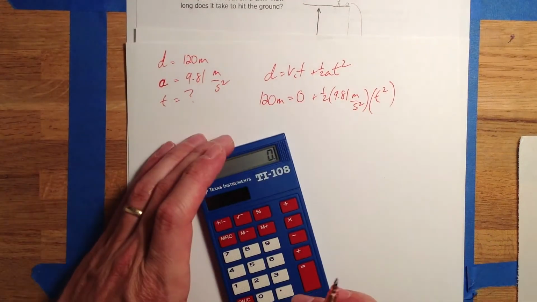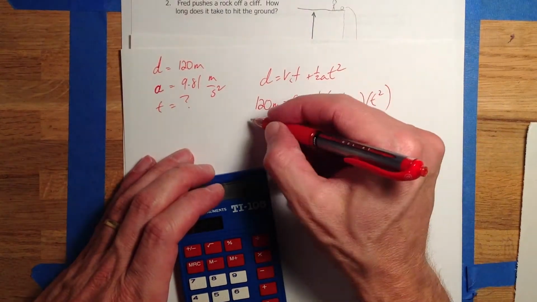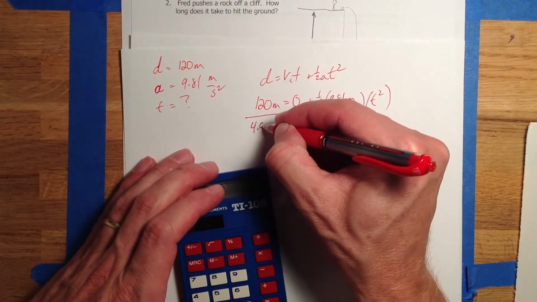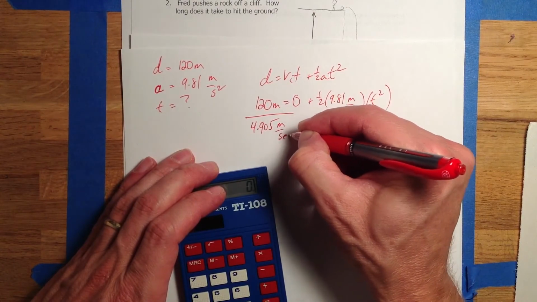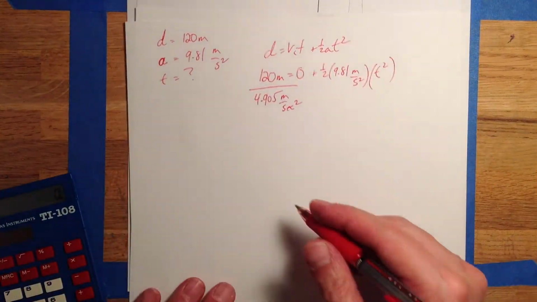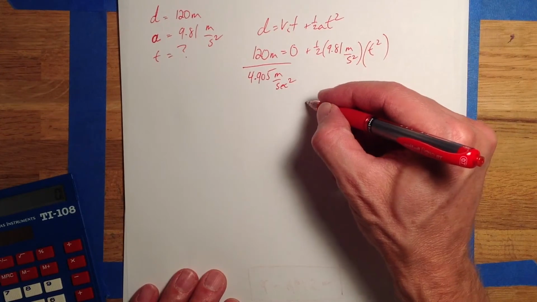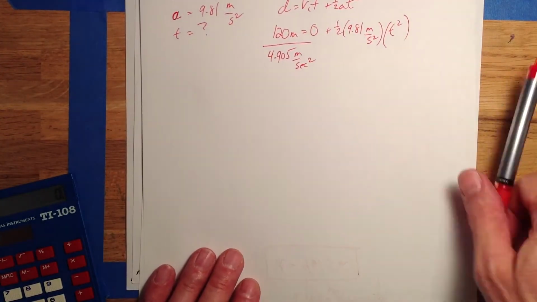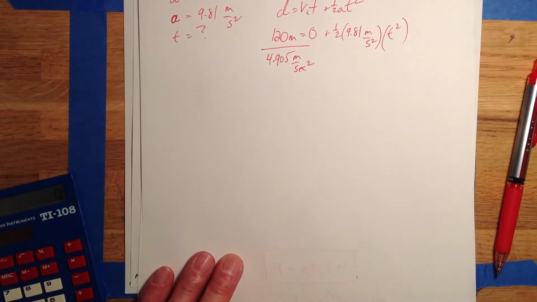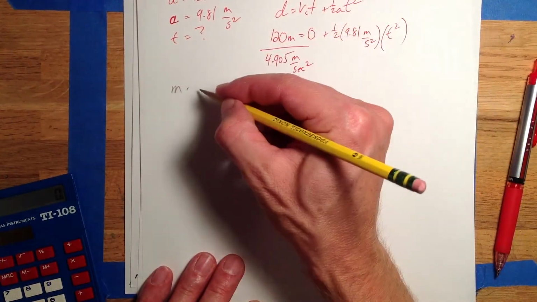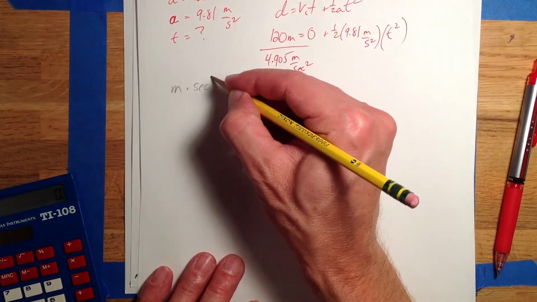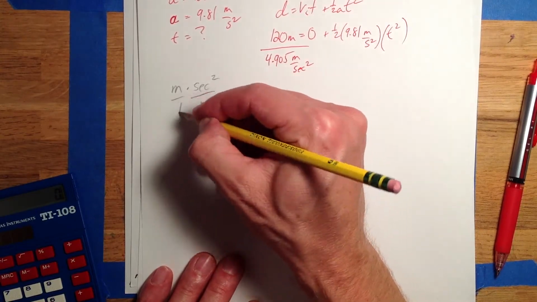So that is 4.905 meters per second squared. And just as an aside, the units will look like this over here: meters times seconds squared over meters, they cancel.